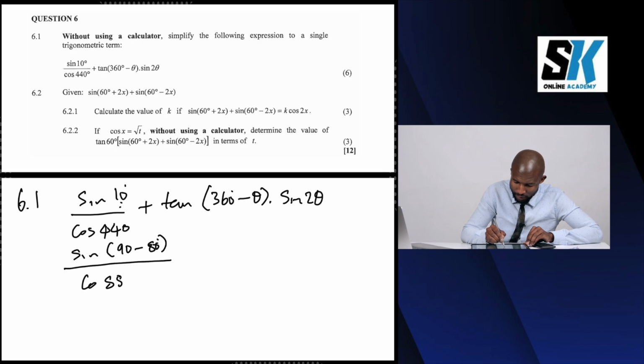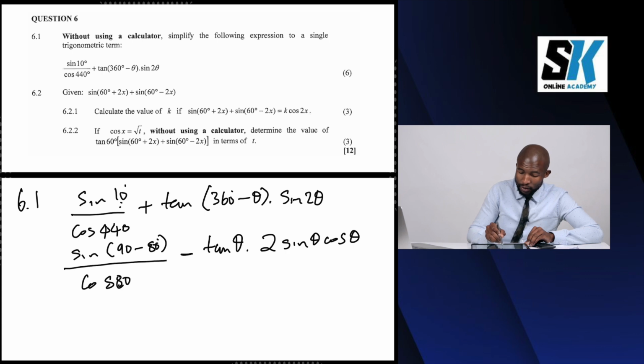So it's going to be cos 80 plus, but before we say plus, we need to find out which quadrant that 360 minus theta is in. It's the fourth quadrant, so tan is negative there, times the double angle. The double angle is 2 sine theta cos theta.